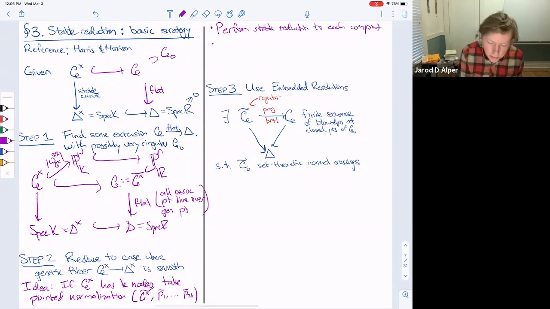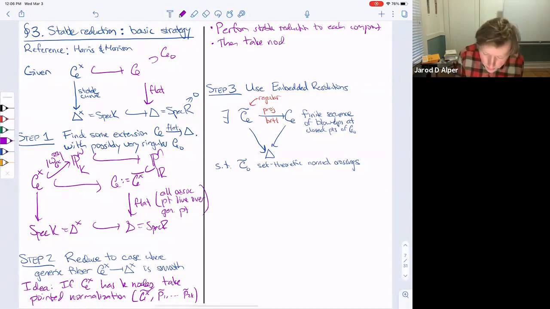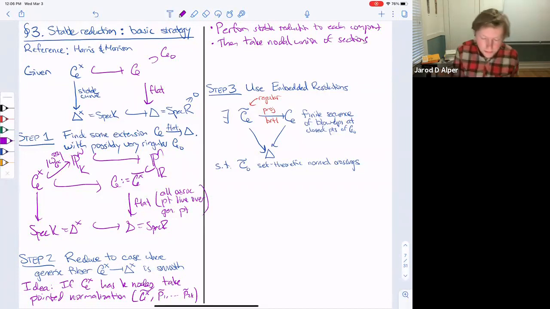And then you have to take, this requires some work, which we'll actually address more systematically next lecture. And we want to glue the sections back together. We take the nodal union of the sections. And that gives a stable family. But note that for this induction argument to work, you need the pointed case.